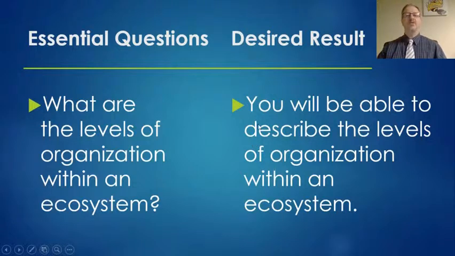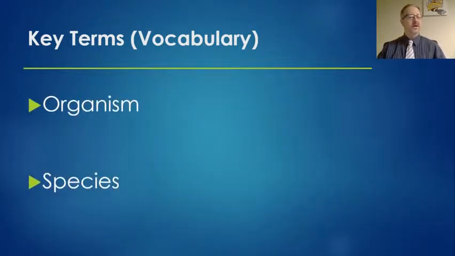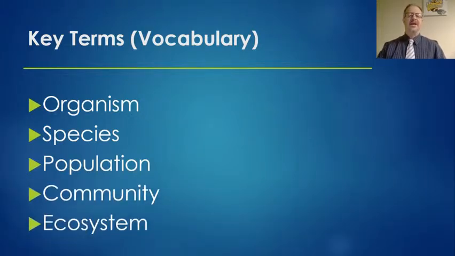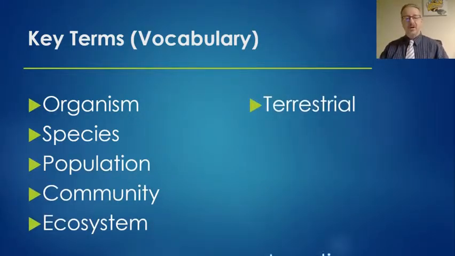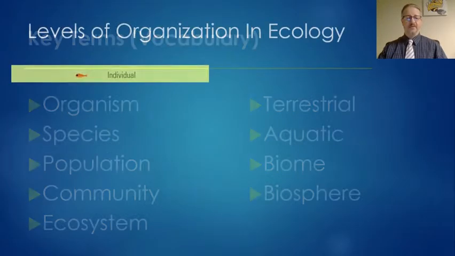It means that you will be able to describe those levels of organization within an ecosystem by the end of today's lesson. Our key terms or vocabulary that you should be on the lookout for include organism, species, population, community, and ecosystem, as well as terrestrial, aquatic, biome, and biosphere.